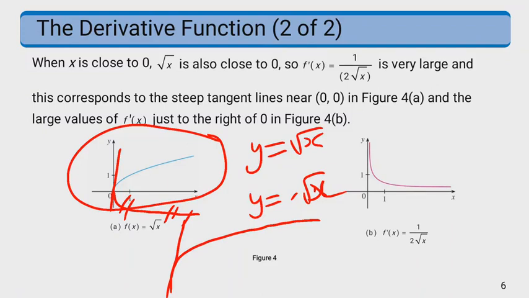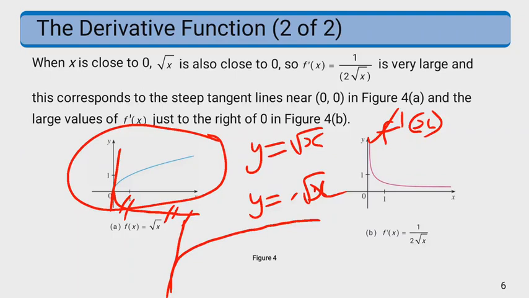If it gets vertical, the slope approaches infinity. So close to 0, the value of the derivative function is so big. It goes to infinity.